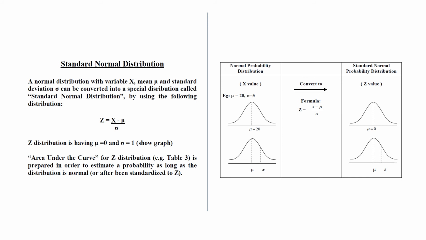We will soon see that we can convert a random variable having a normal distribution with any mean and standard deviation into a random variable that has the standard normal distribution. This will help with some probability calculations. We deal with the standard normal distribution very often in statistics.